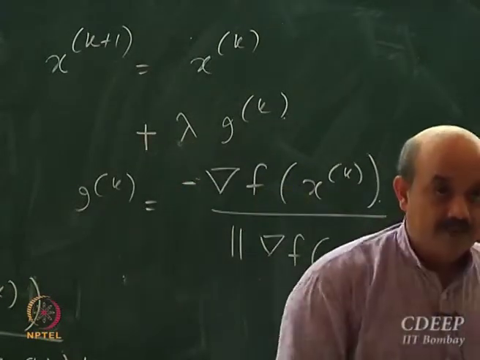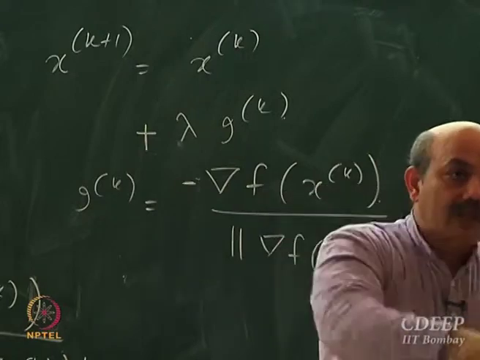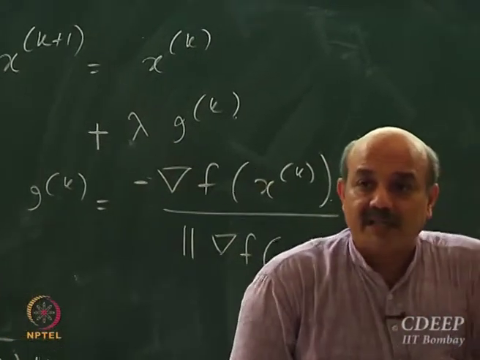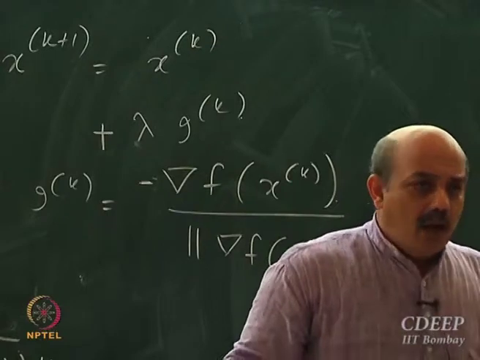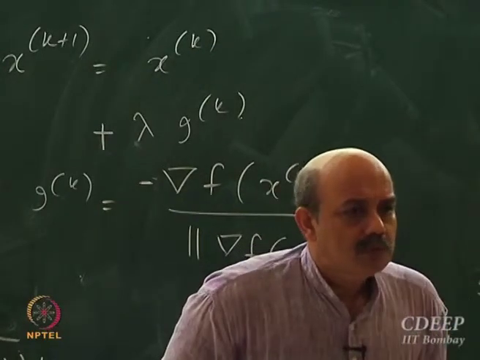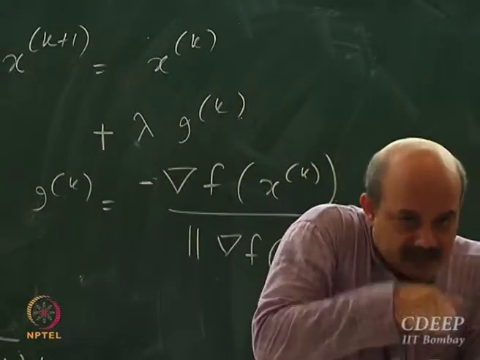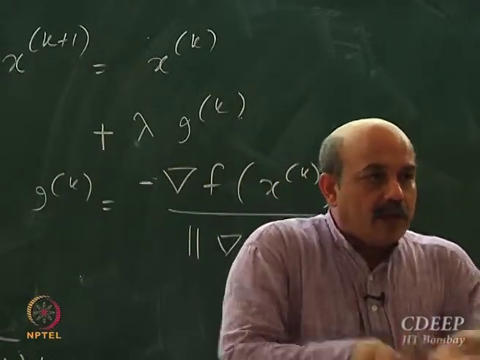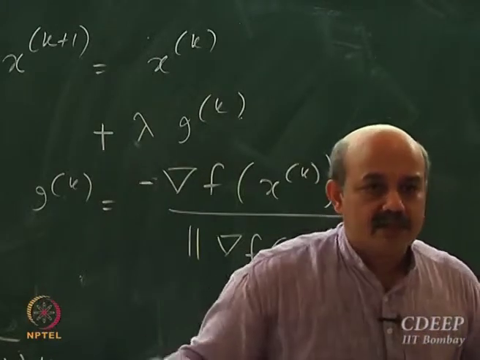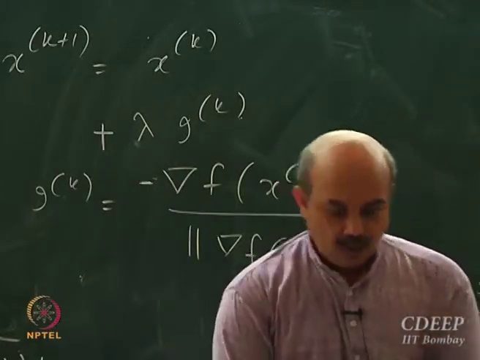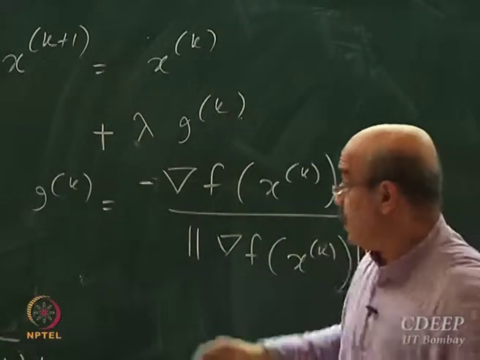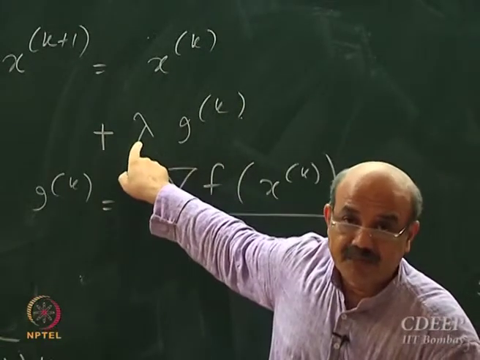Now I know that locally if I go along negative of the gradient direction, function is decreasing. How much do I move? I just know that this direction is a steepest descent. Should I move 1 meter, 5 meters, 10 meters? How much should I move? So I am going to put one unknown here, which is step length.